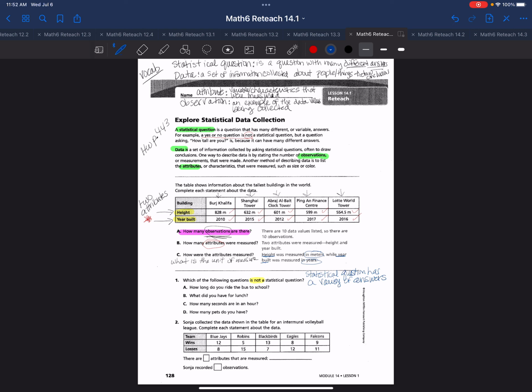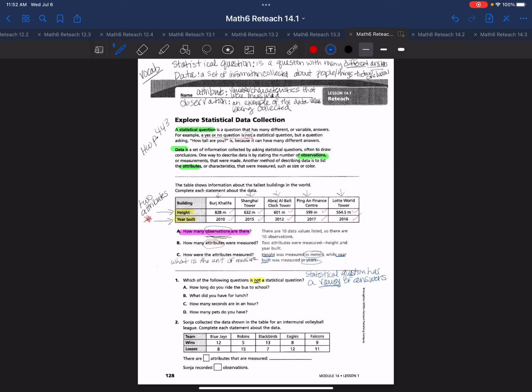Let's go ahead and read these. How long did you ride the bus to school? Well, that would have a variety of answers, because if you rode the bus on Monday, it might take you 20 minutes. If you ride the bus on Tuesday, it might take you 18 minutes. So that has a variety of answers.